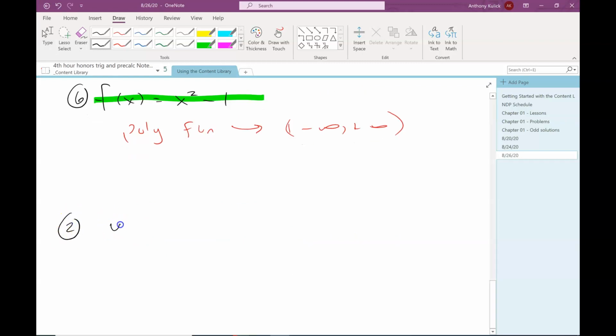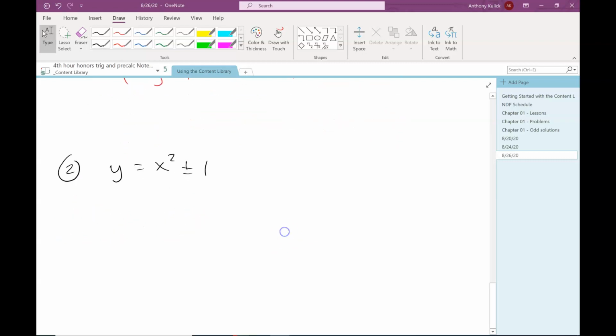So 2, we're just trying to decide if something is a function or not. So if we're unsure, the easiest way to do this is to just pick a value for x or a couple of values of x and see if we ever get 2 y values for 1 x. So let's just pick a value of x.